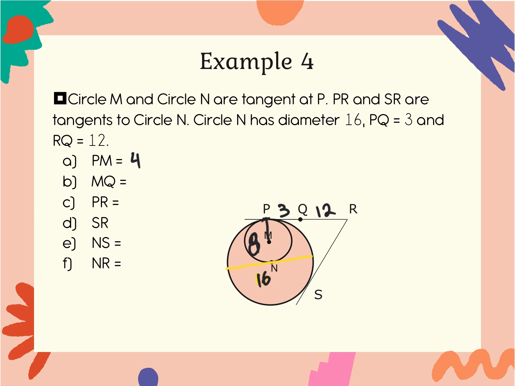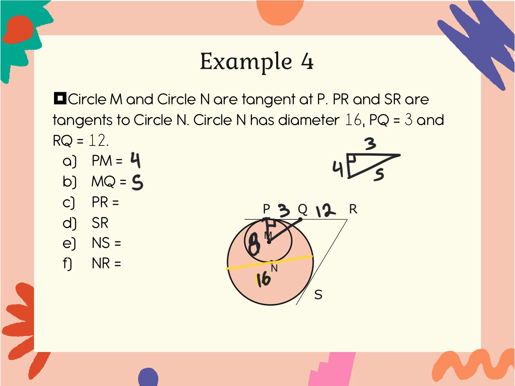Now, we want to find MQ, which is this segment right here. And for that, we're going to need to do the Pythagorean theorem. Keep in mind, they're telling us our tangent. And we have this triangle right here. We have 3, 4, and we're going to have to solve for the diameter. Now, if you guys remember, this is one of those special triples, so it's going to be a 3, 4, 5 triangle.